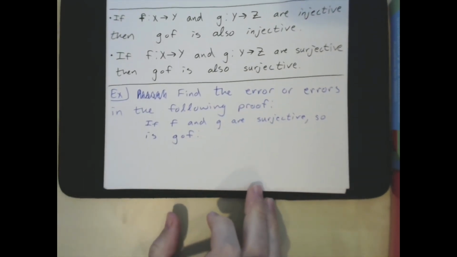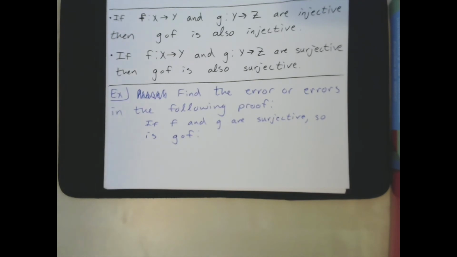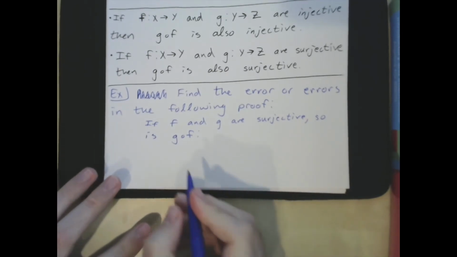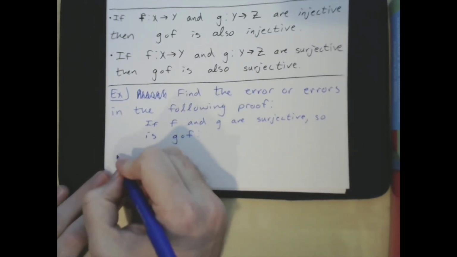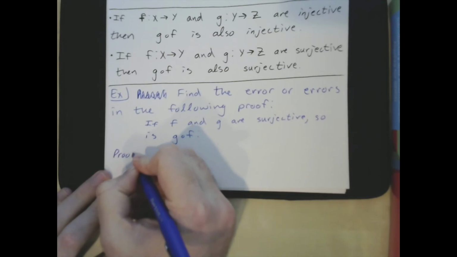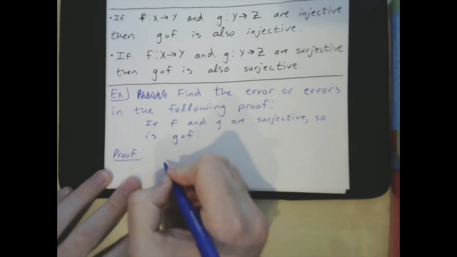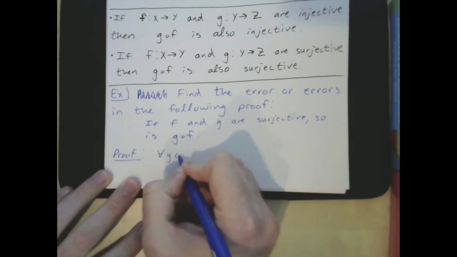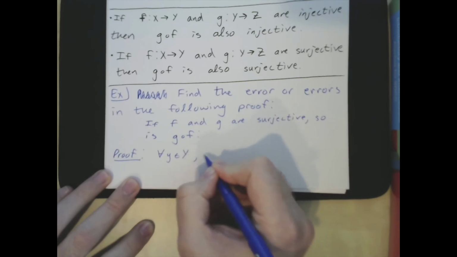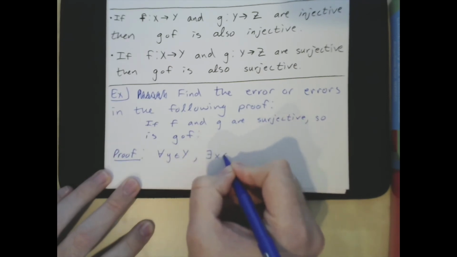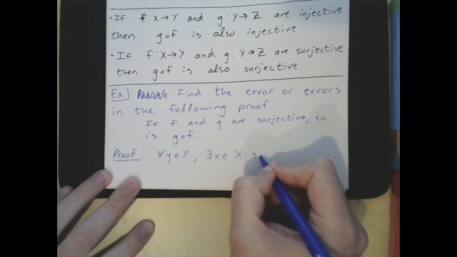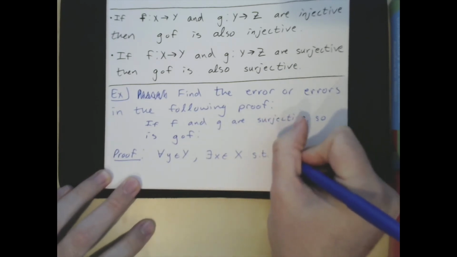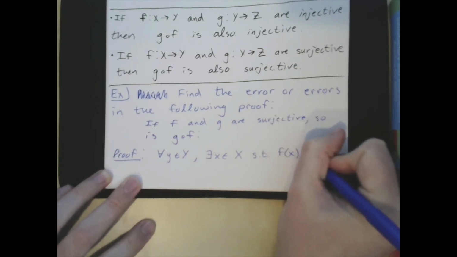When I finish writing the proof, you should pause the video and see if you can figure out where the error or errors are. And then I'll walk through them with you. So the proof is as follows. For all y in big set Y, there exists an x in X such that f of x equals y.